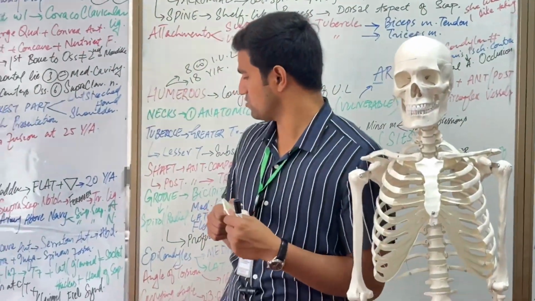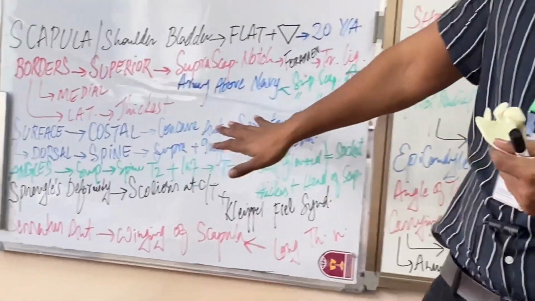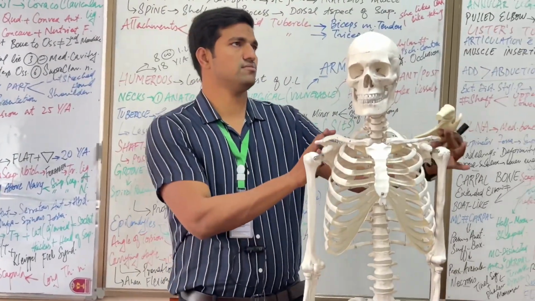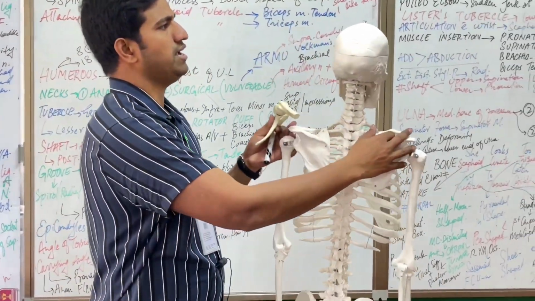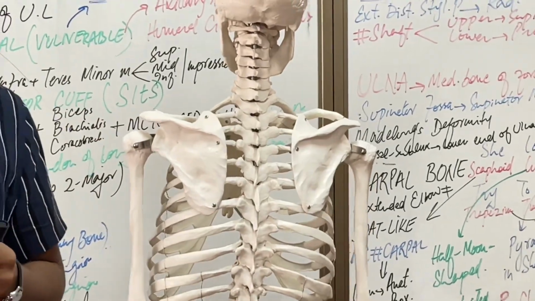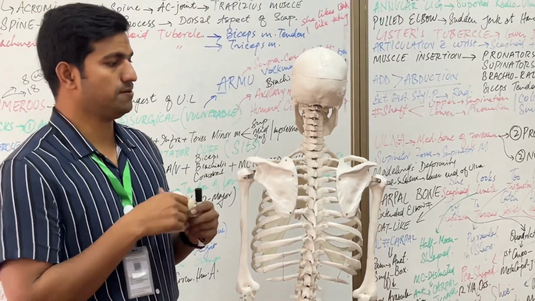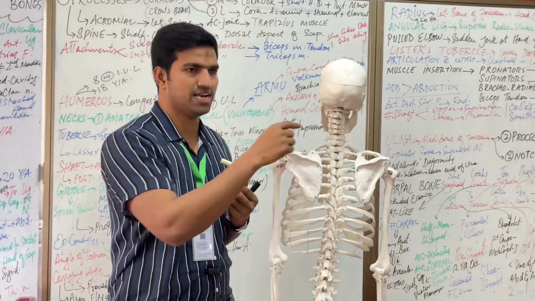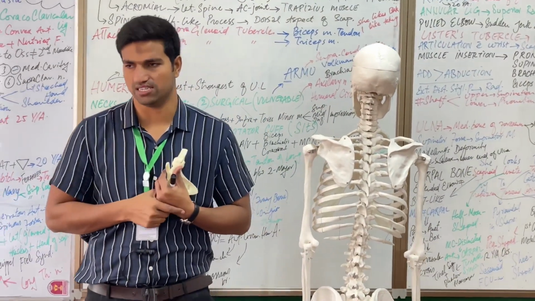Then there is a deformity called Sprengel's deformity. This is the deformity in which there is a high level of the scapula on one side. Sprengel's deformity, what happens? There are two etiologies. Number one, if there is a fusion of two or more bones in the neck, that is called Klippel-Feil syndrome.